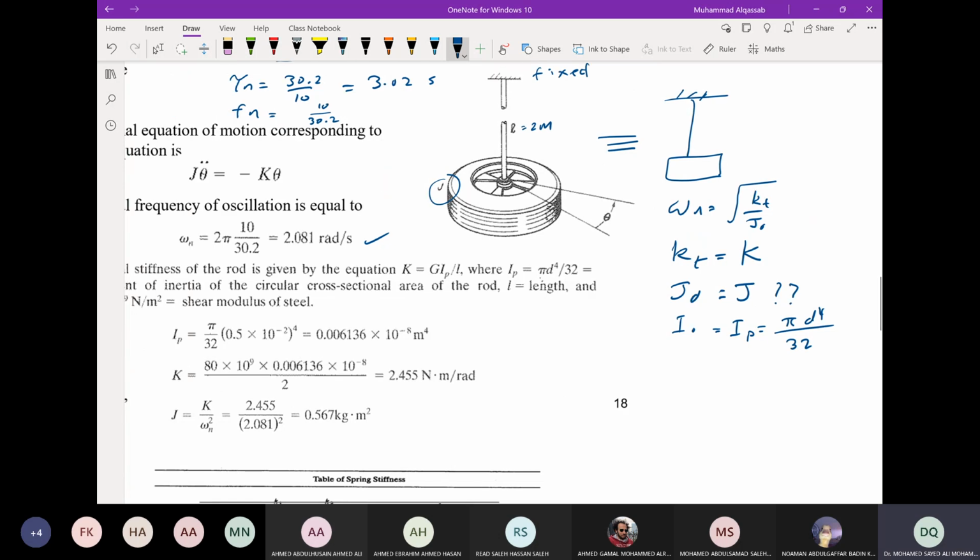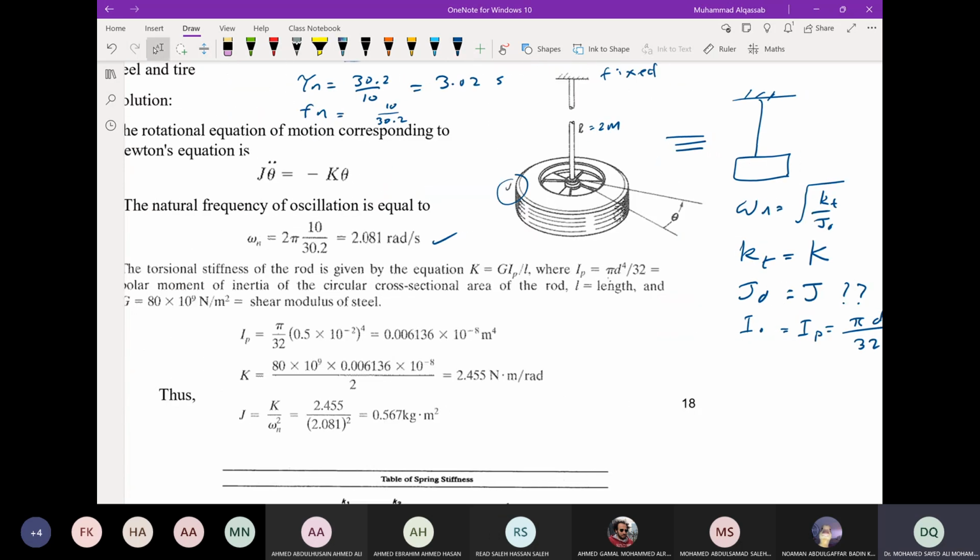Then we can find Ip, which is pi over 32 times 0.5 times 10 to the power minus 2 to convert centimeters to meters, to the power 4. It equals 0.006136 times 10 to the power minus 8 meter to the power 4.